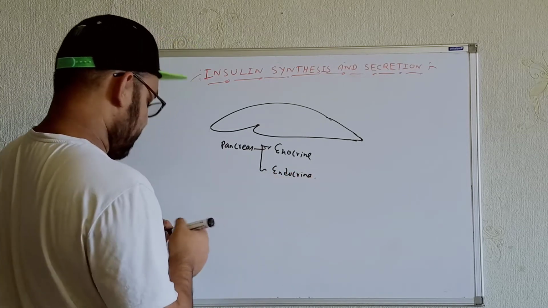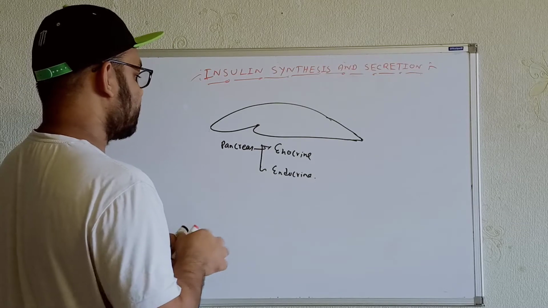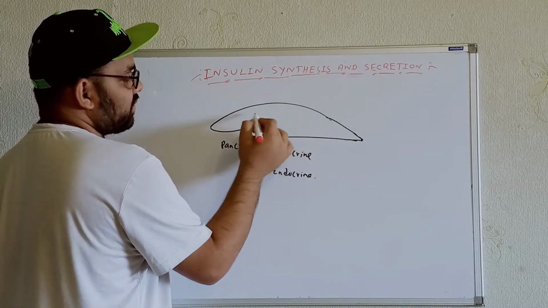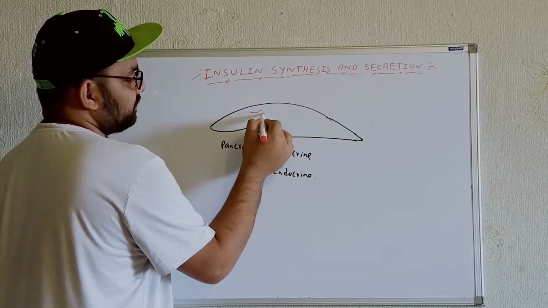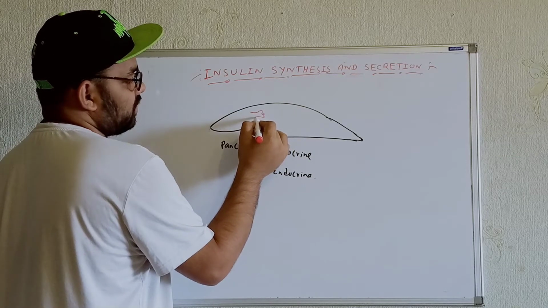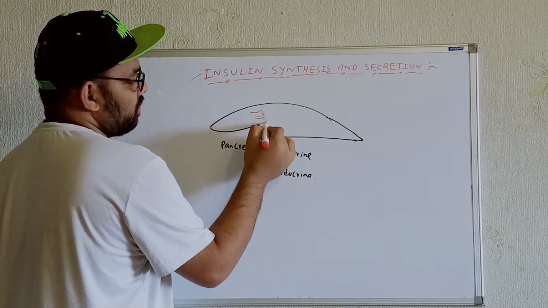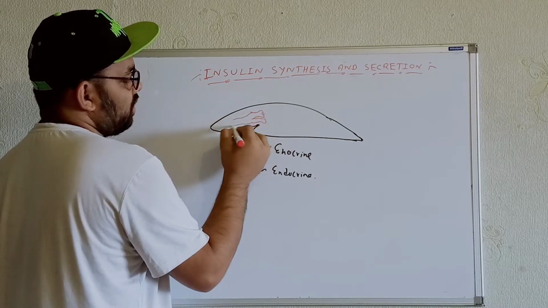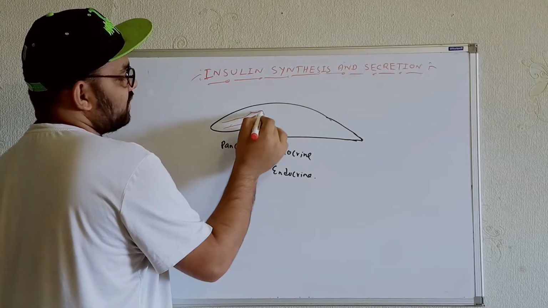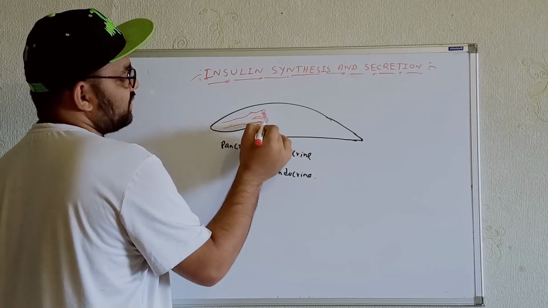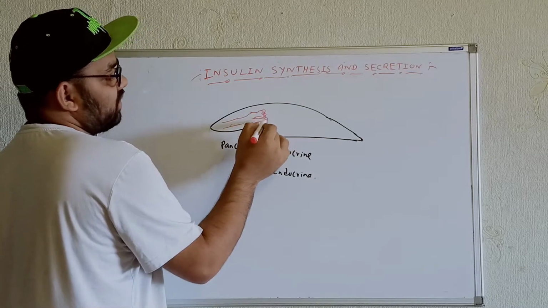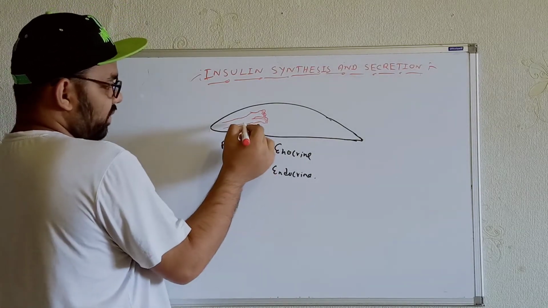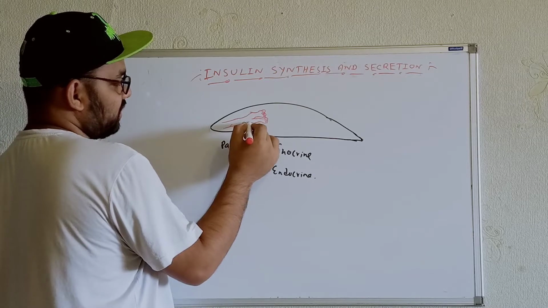Now see, for the exocrine function, the pancreas has different types of acinar cells, acini, just like this. These acinar cells around the acini secrete pancreatic enzymes or pancreatic juice, and they form a duct over here, the pancreatic duct.